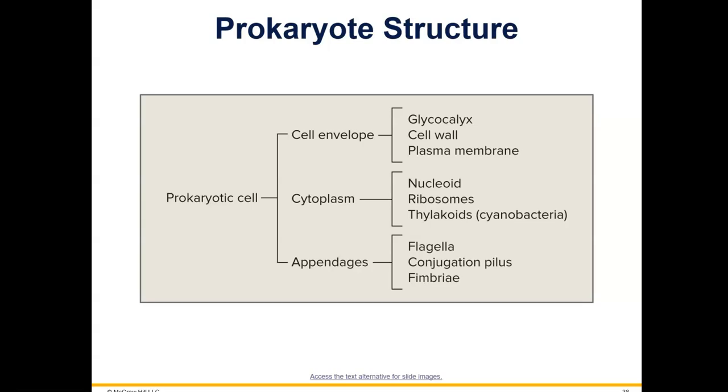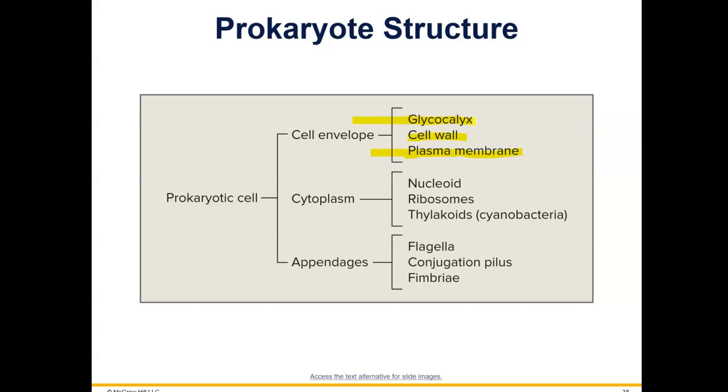Now, for prokaryote structure, whether they are bacteria or archaea, they're going to have a cell envelope, which consists of a plasma membrane, a cell wall, and a glycocalyx, which can either be a kind of liquid or slimy substance, or it can even be a solid, like a capsule type structure.